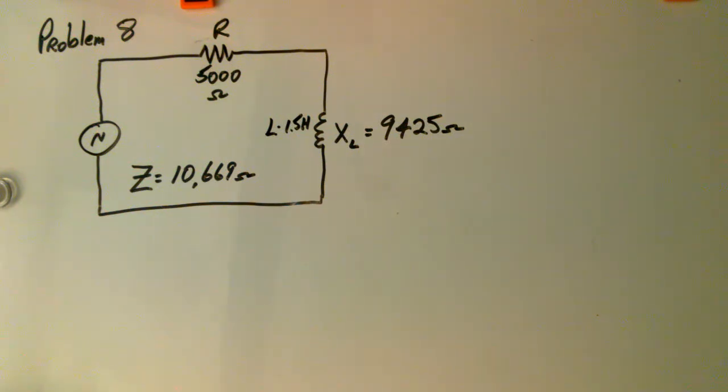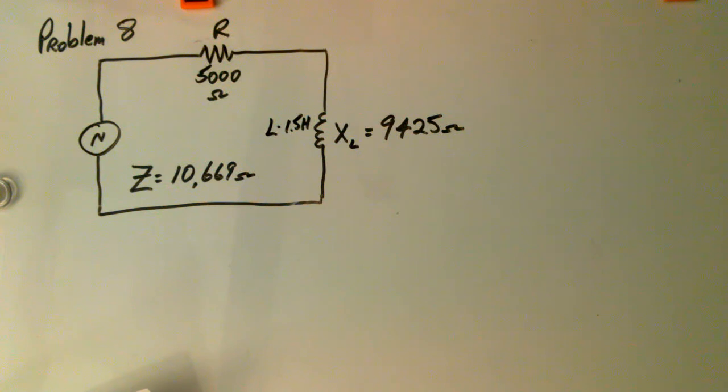This is problem 8 of the so-called homework set that I sent out. And what I did was, I guess you've noticed by now that I used 1.5 Henrys for the inductor. And we started off with a very simple R1, and I changed that to 5,000 ohms, and we stuck with that.